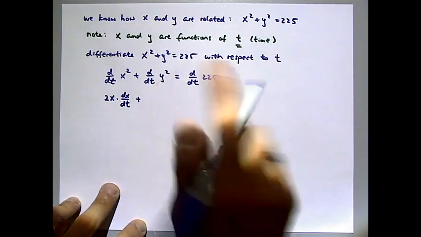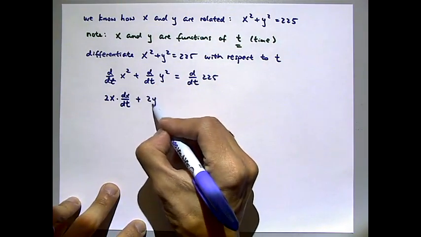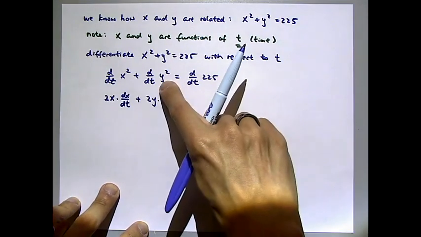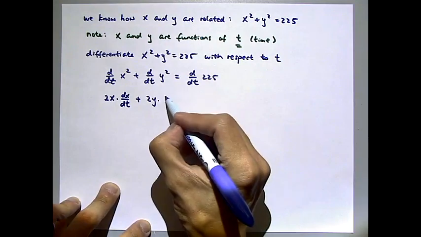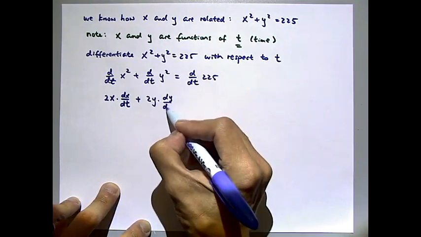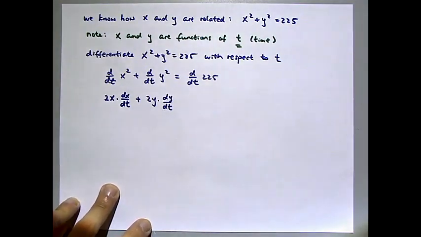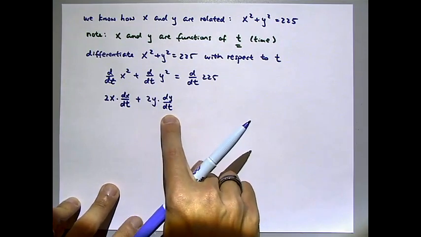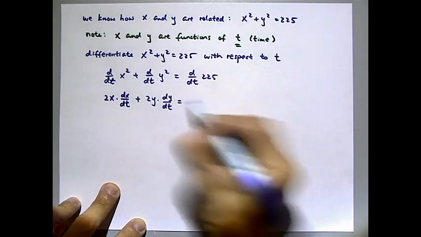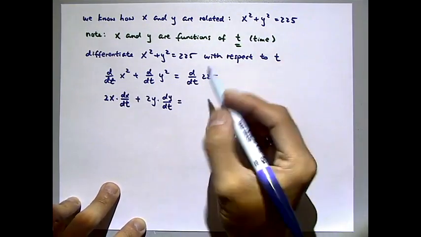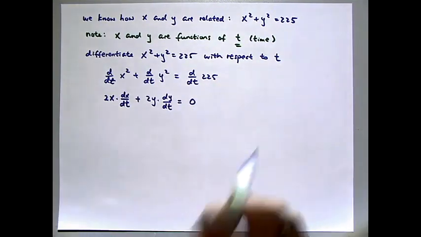When you take the derivative, you get 2y, and now you've got to account for the fact that y is something more than just t. Y is something to do with t. We don't know exactly what it is, but we know it contains a t. Therefore, the chain rule has to apply. Okay, right-hand side 0, of course. It's a constant.